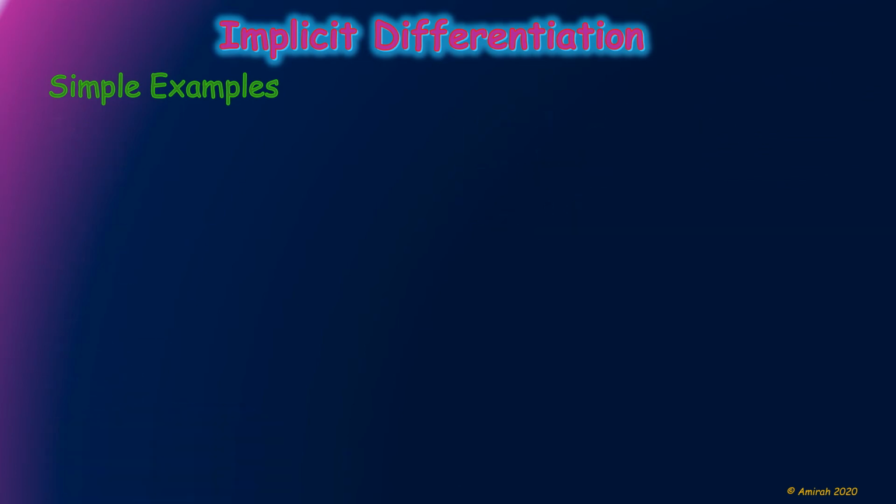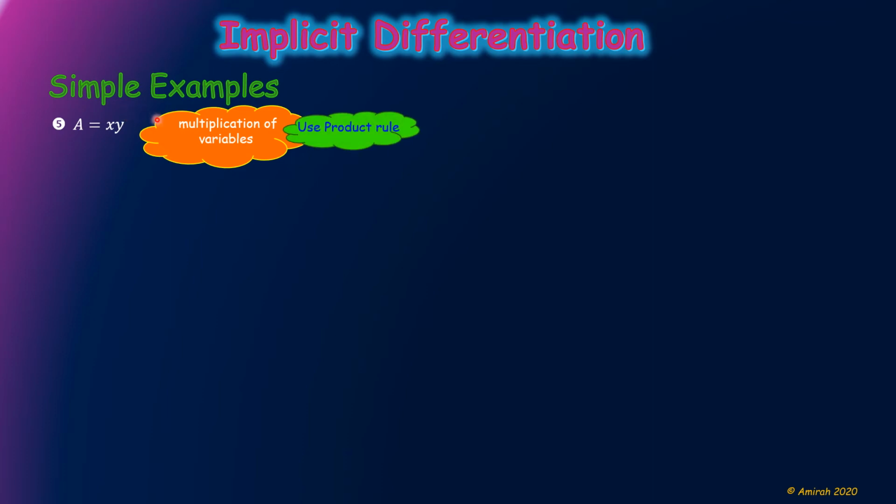Now we look at simple example number 5. If we have a equals x times y, this is actually a multiplication of variables, and to differentiate a multiplication of variables, we need to use the product rule.